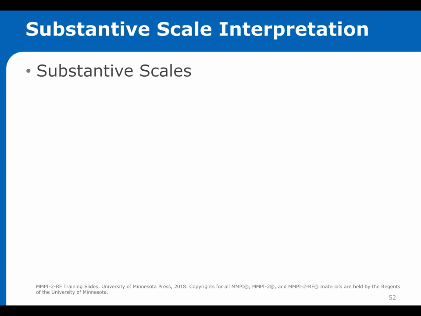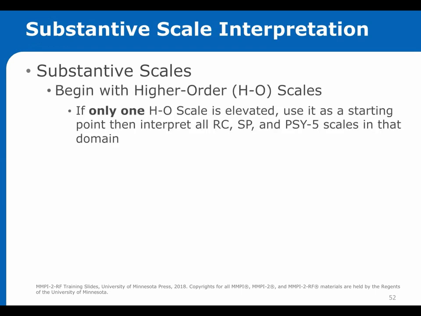We have the Restructured Clinical scales, which are a mid-level of measurement, and then the hierarchy is rounded out by the Specific Problems scales, which are shorter measures of more narrow constructs. So the interpretation of the MMPI-2-RF substantive scales follows this hierarchical structure, wherein we begin with interpreting the Higher-Order scales.